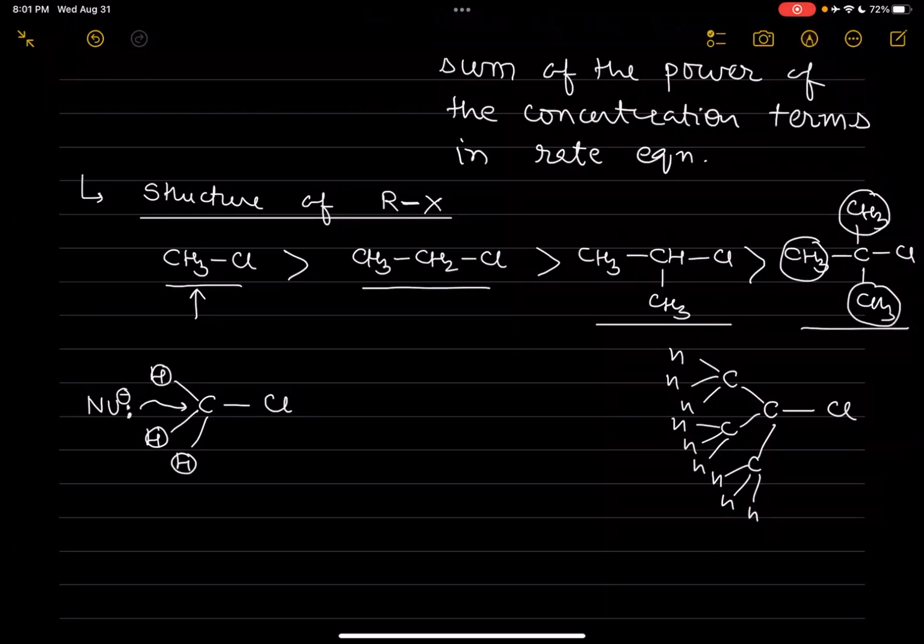I have just written them as CH3, but they will be like this. The hydrogens will also be coming out. Can the nucleophile, Arpit, come in and access the carbon atom? Will that be possible? Will that be easy? No. So this is primary carbon. The methyl is 0 degree because it is not connected.